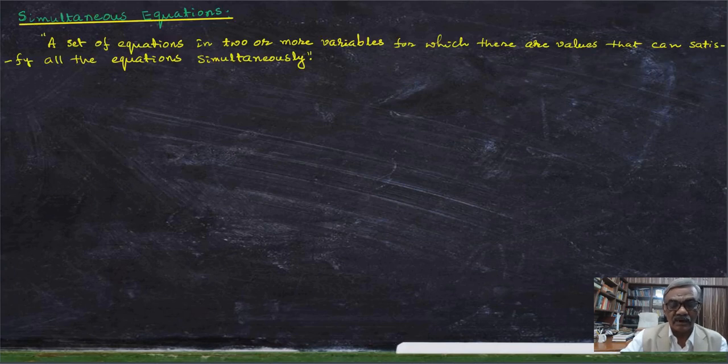Simultaneous equations are a set of equations in 2 or more variables for which there are values that can satisfy all the equations simultaneously.